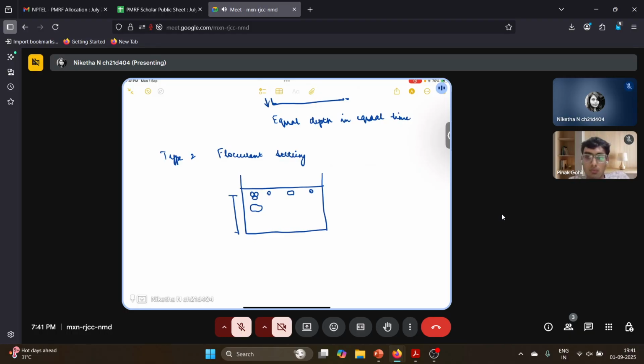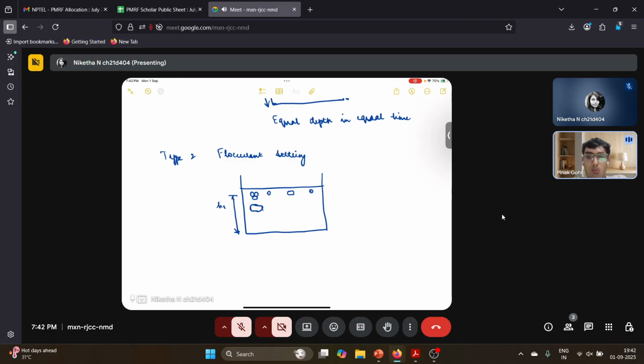So we take the height of these particles as h1. At this height, some of the particles are distinct and some of them are forming flocks. So what happens when they form a big flock like this?